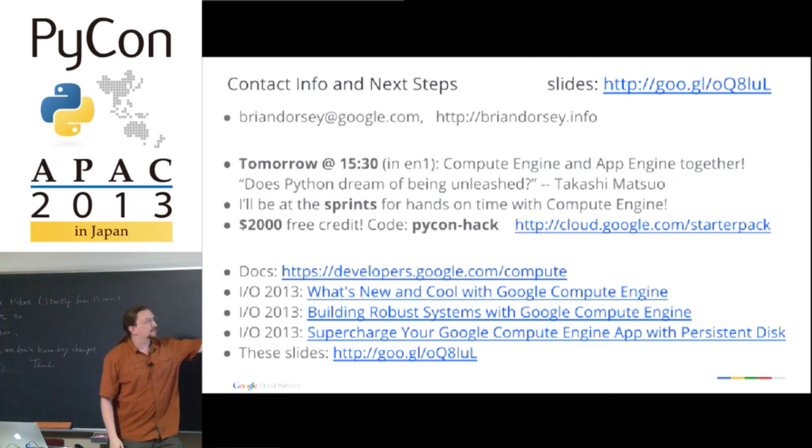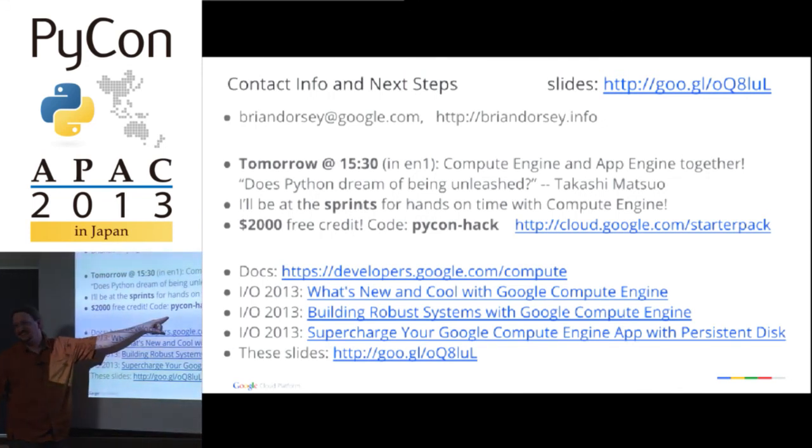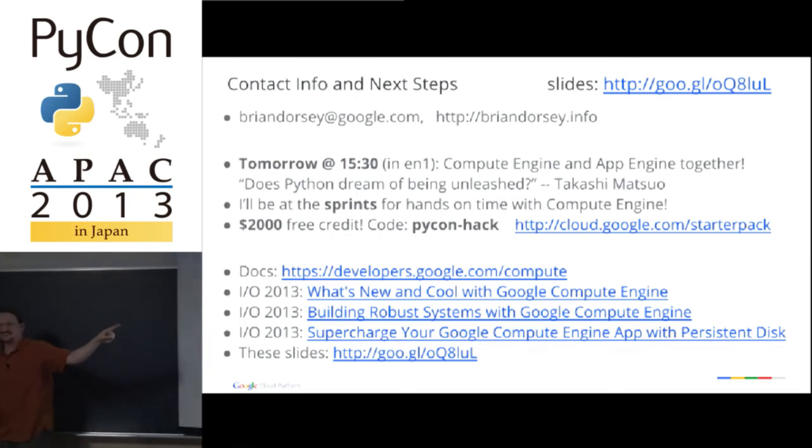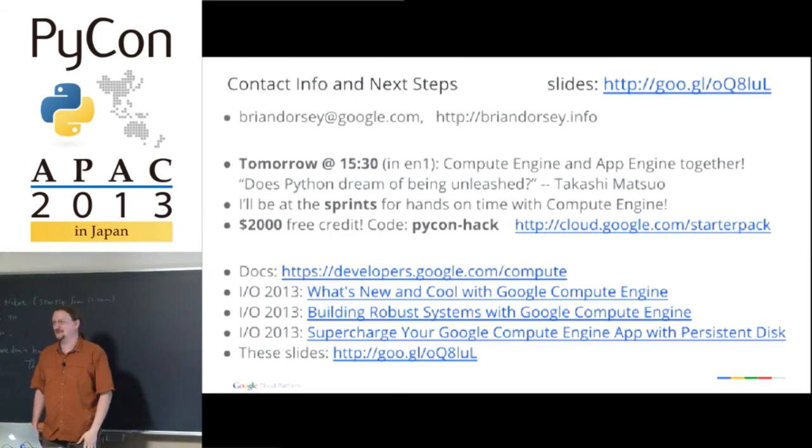I'm going to be at the sprints, so if you want to try Compute Engine and want somebody nearby to help, I'll be happy to do that. And everyone at PyCon APAC gets $2,000 of free credit from Google. If you go to that URL and use this code, that's $2,000 for 6 months. So go compute. Thank you all very much.